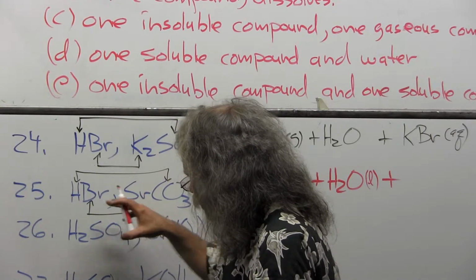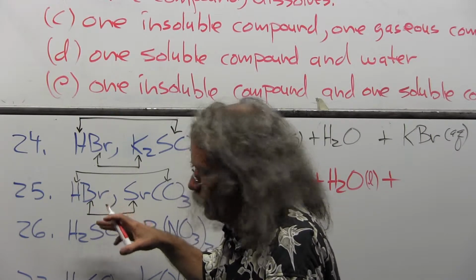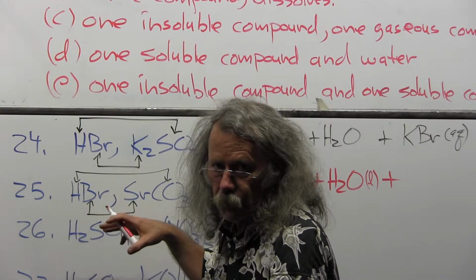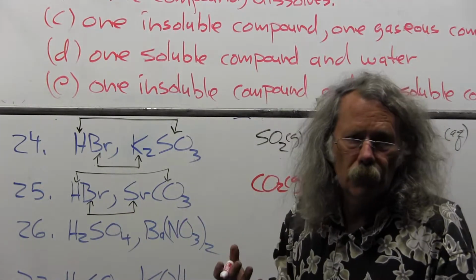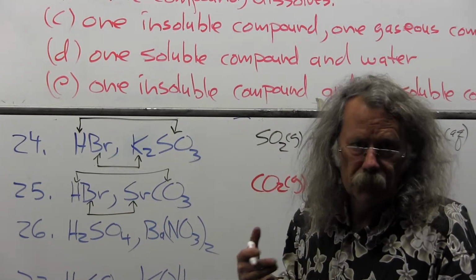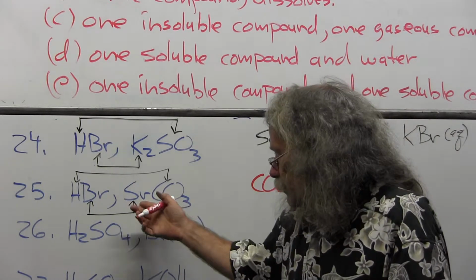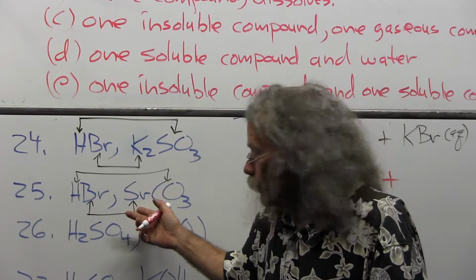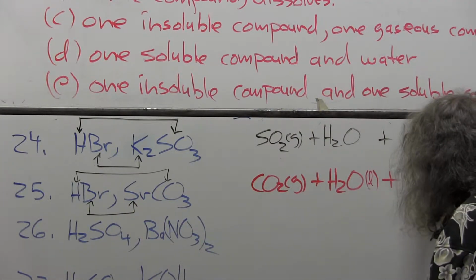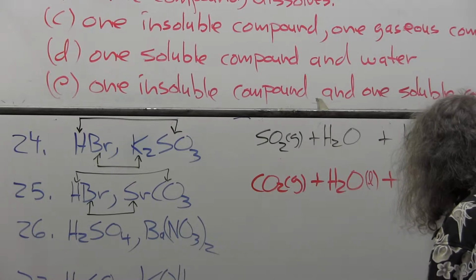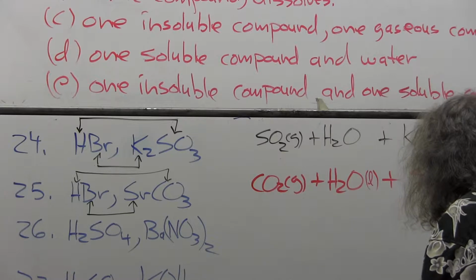Well, this is going to be soluble because by the rules, most halides are soluble, the exceptions being silver +1 salts, lead +2 salts, and mercurous ion salts. And strontium doesn't fall in one of those categories. So I'm going to get strontium bromide, aqueous.